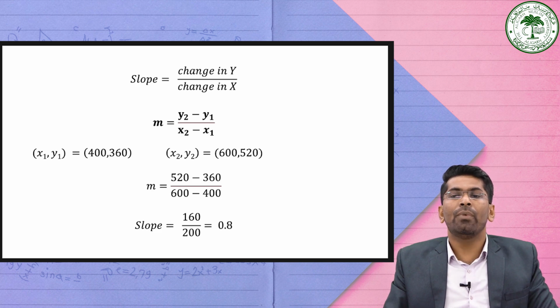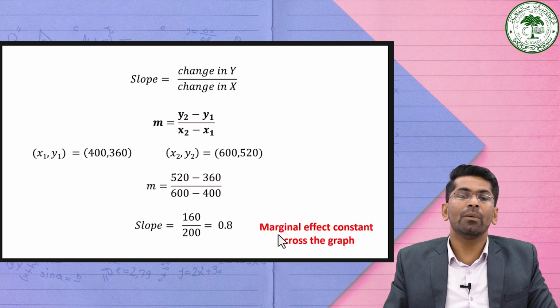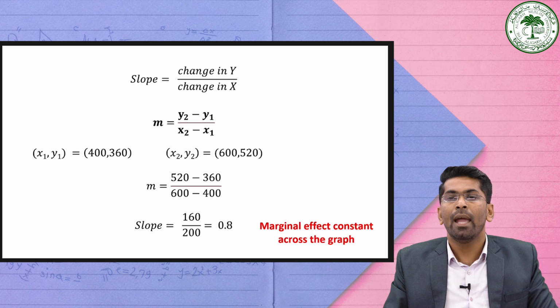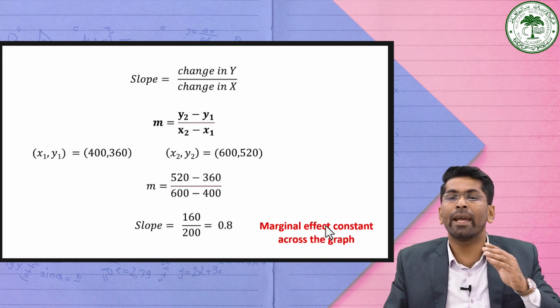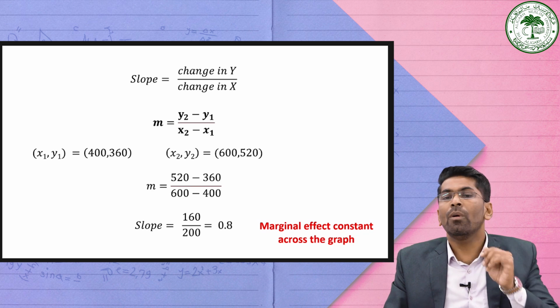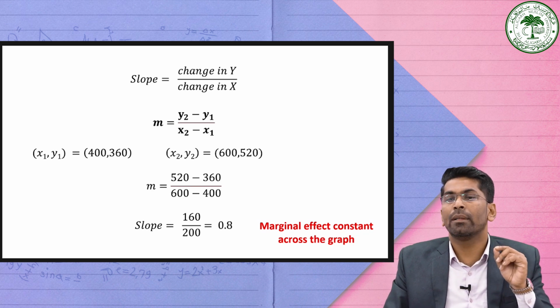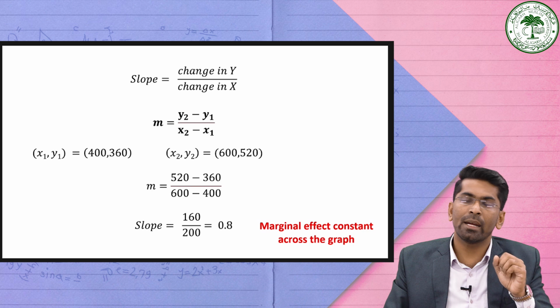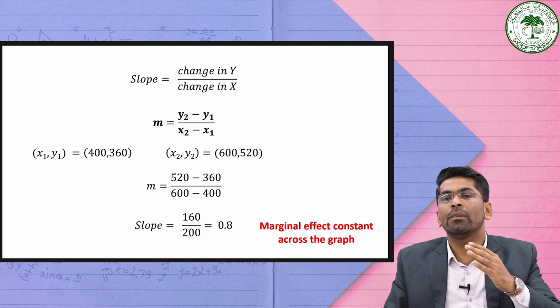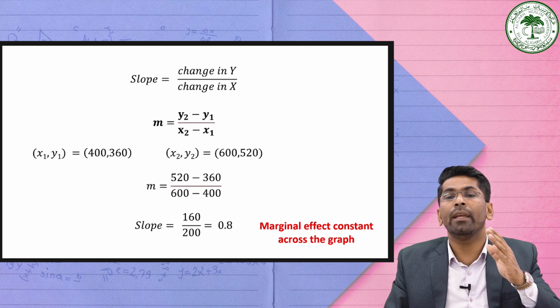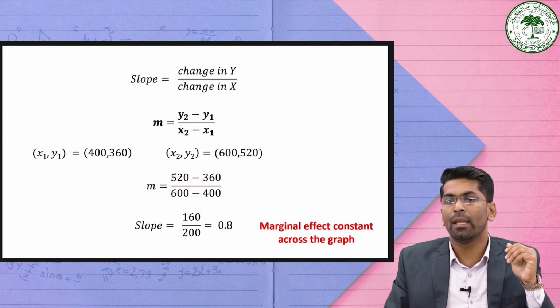So in a linear function, we can say that this is a marginal effect. And the marginal effect or marginal value remains constant across the graph. Because the slope of the function, which here is the marginal effect, is consistent throughout the entire range.